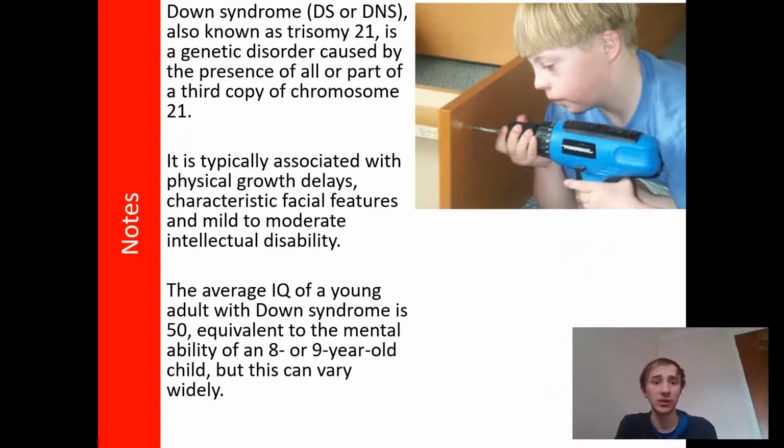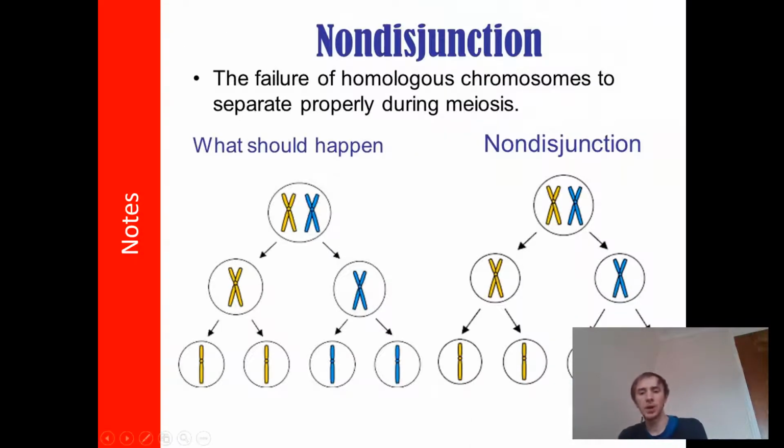First is Down's syndrome. I should say Down's rather than Down. Also known as trisomy 21. Called trisomy 21 because it's caused by the presence of a third copy of chromosome 21. So if we go back to our diagram, what's happened here is this blue one, down at the bottom, has twice as many chromosome 21s as it should.